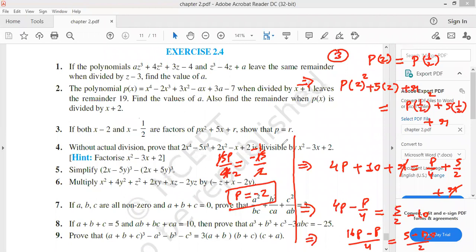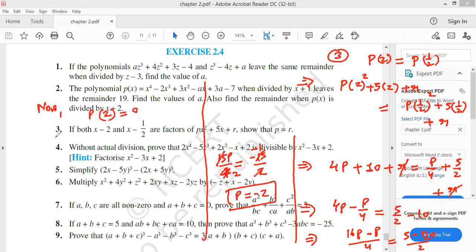Yes. Now p की value हमारी आ गई. Now we can find the value of r also. So now we know that suppose I have taken this first one. We know that p of 2 is 0, right now?